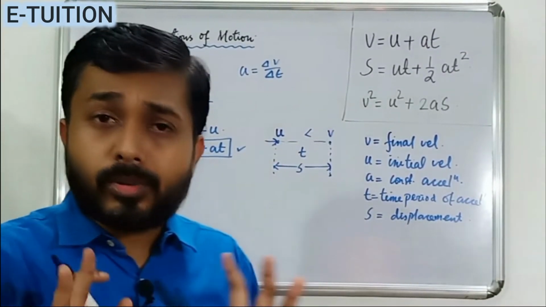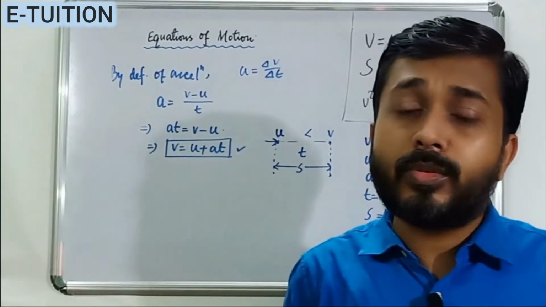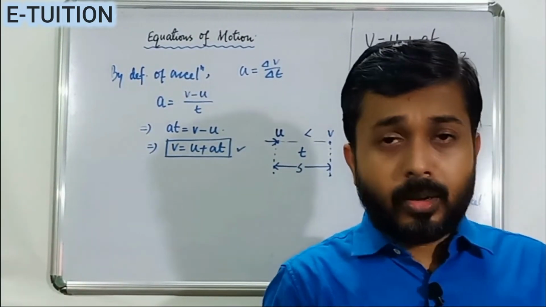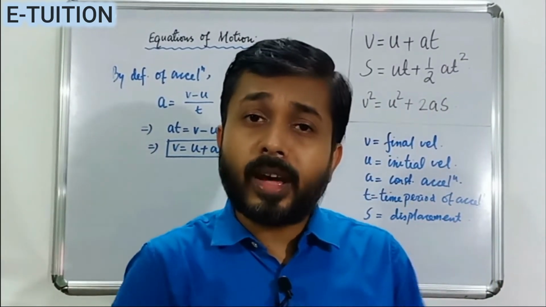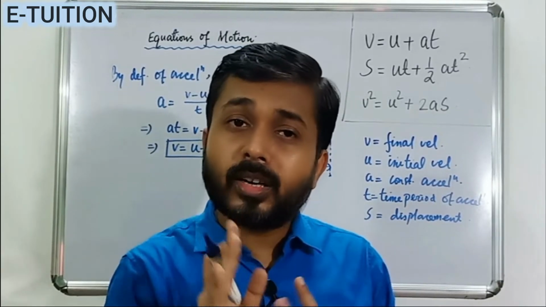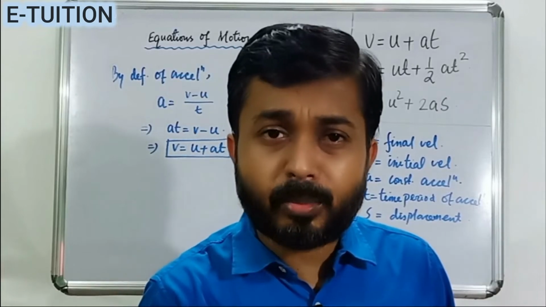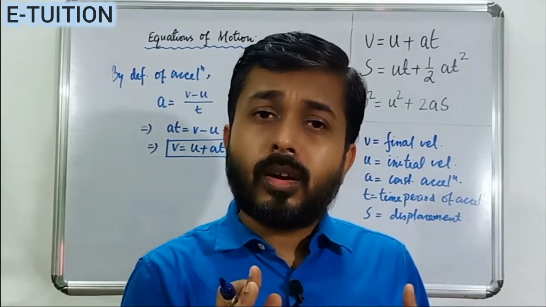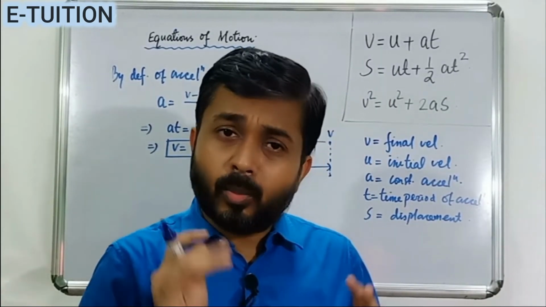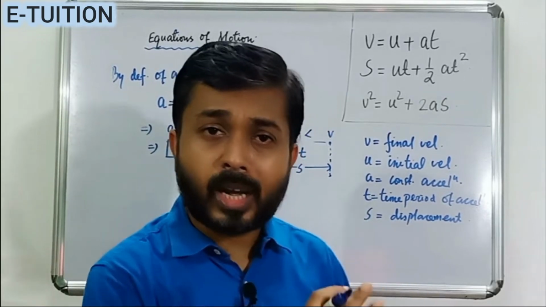So now you try to understand, the body is moving under acceleration. The velocity of the body is variable. It had a certain amount of initial velocity. After that it was acted upon by the force and it gained an acceleration. With the acceleration it is moving for time t.